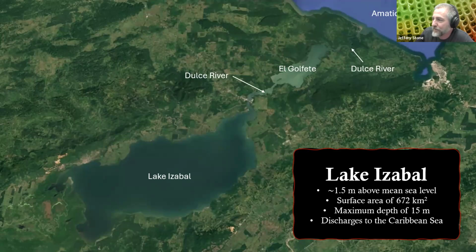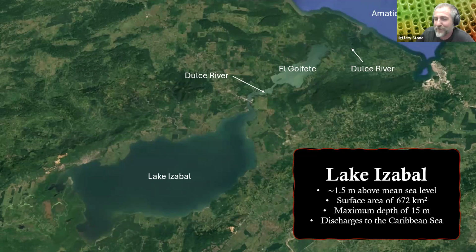The Caribbean Sea is to the top right of the figure. And that is Amatigua Bay, which is actually the ocean. So that's the Caribbean Sea out there. And the Dulce River is a connection between Lake Izabal and an adjacent lake, which is known as El Golfete, which is effectively just a wide river, more or less.